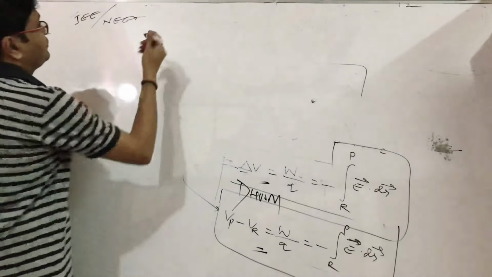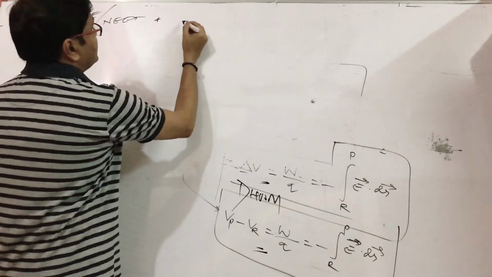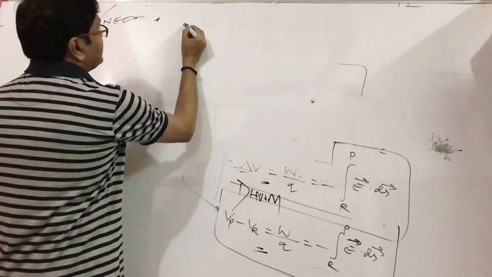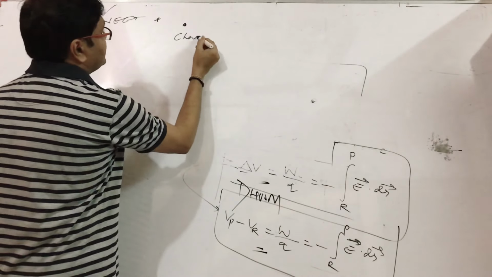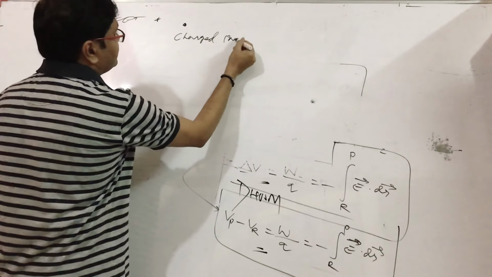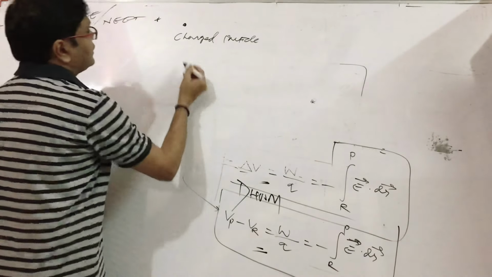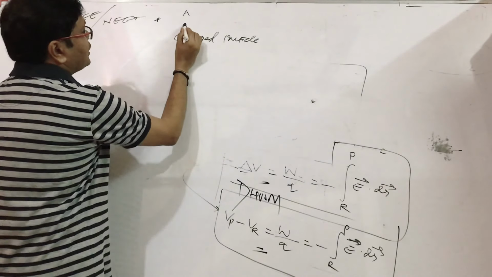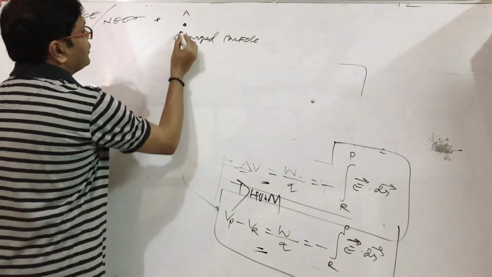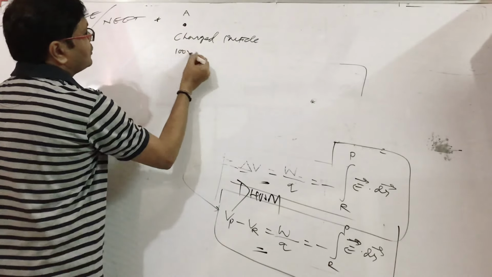We provide some time. You can see this is a charged particle. I can write here, charged particle. It is situated at point A. Let the potential at this point A be 100 volt.